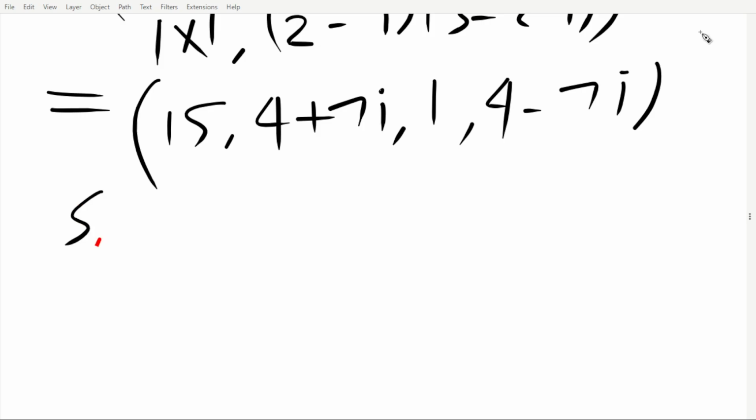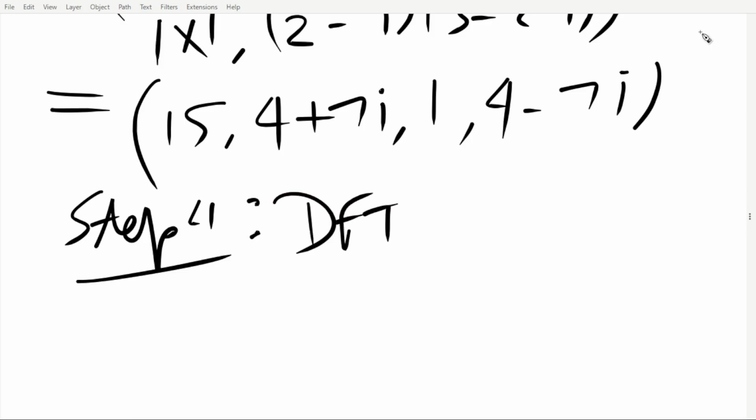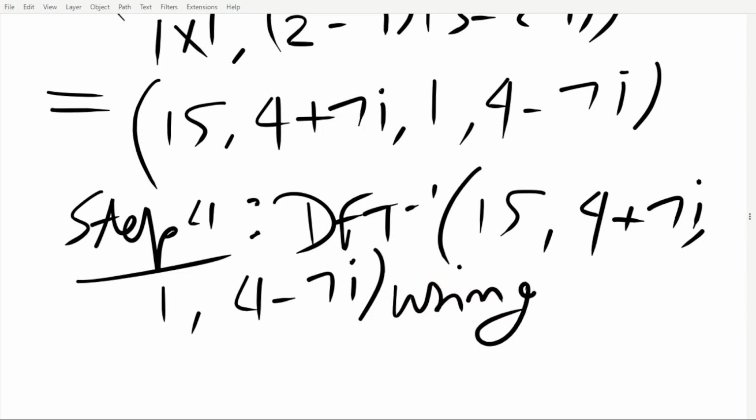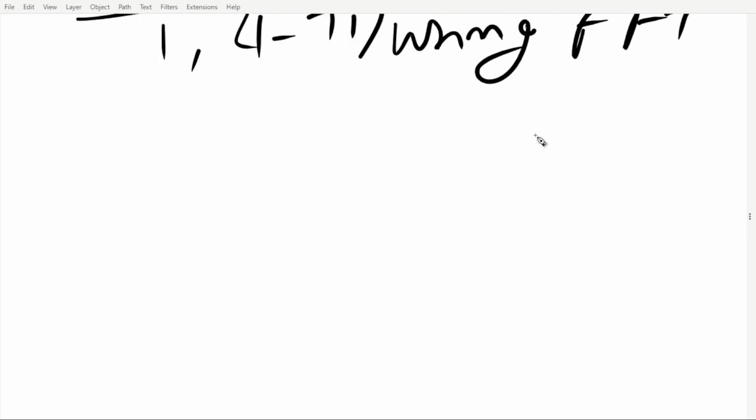Now step 4, we have to compute its DFT inverse. DFT inverse of the same vector 15, 4 plus 7i, 1, 4 minus 7i, using the same FFT algorithm. So for computing DFT inverse using FFT, just remember 2 changes that we have to do.